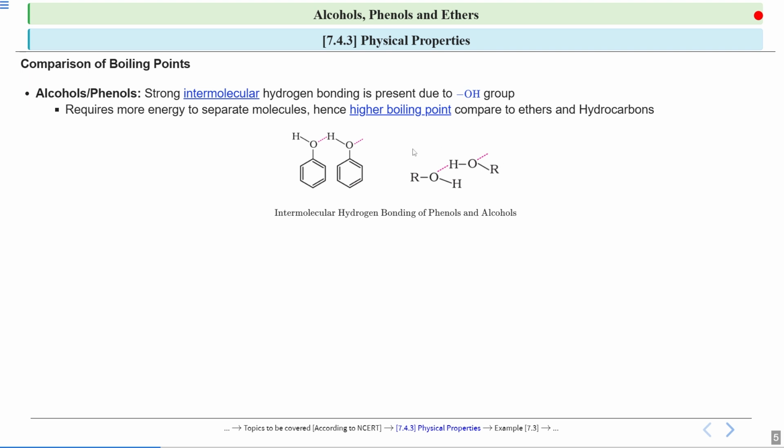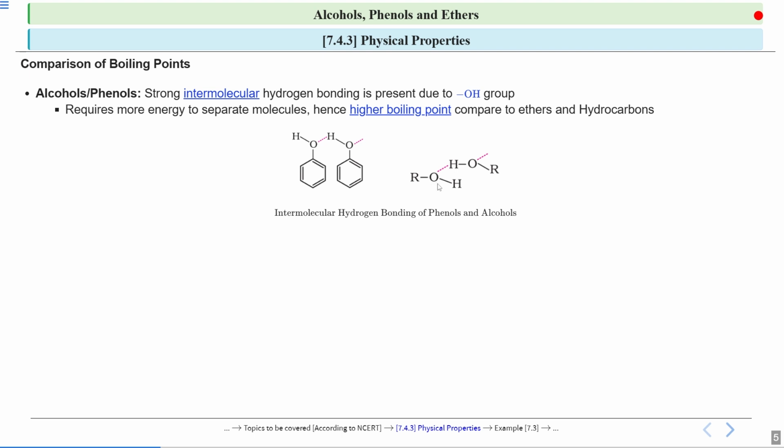First, let's see the alcohols. This is an alcohol group, that is ROH. A hydroxyl group is attached to this carbon atom. Similarly, this is also an alcohol group, where the hydroxyl group is attached to your R group, that is any alkyl group. Now you know that oxygen is more electronegative than hydrogen.